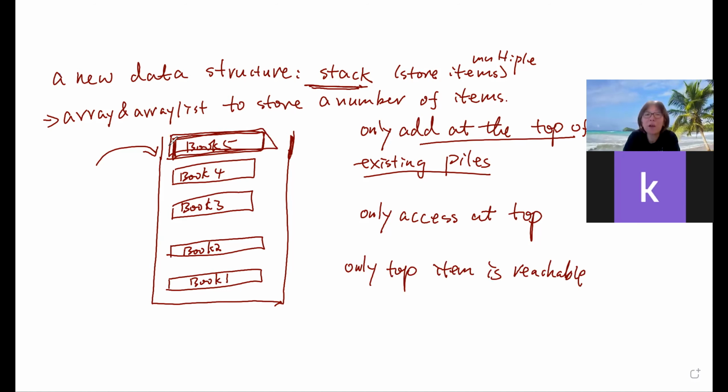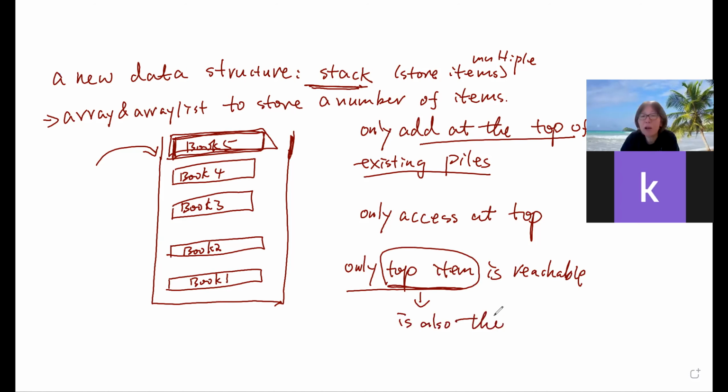Okay, and book 5 also, if we think about it closely, the top item is reachable only. And the top item is also what? The top item is also the last item to be added at the top.